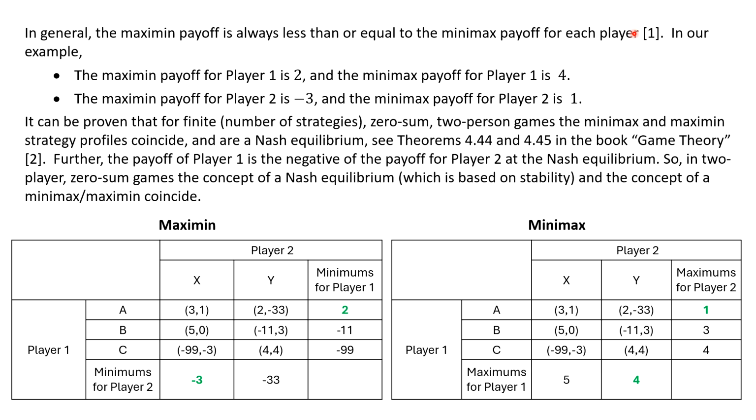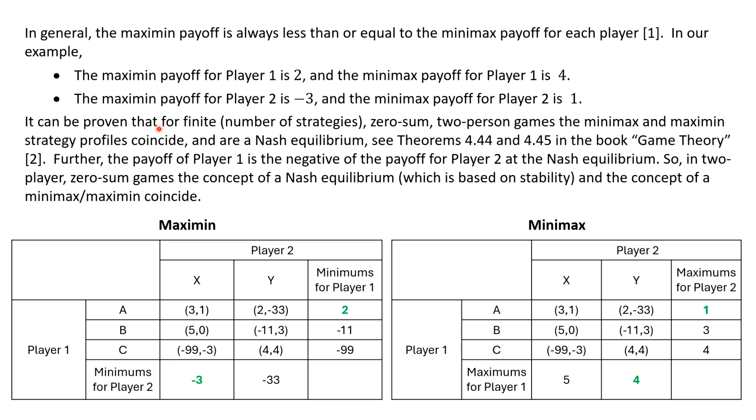So in our example, the maximin payoff for player 1 is 2, and the minimax payoff is 4, so it's less. And then the maximin payoff for player 2 is -3, and the minimax payoff for player 2 is 1. So in each case, the maximin is less than the minimax. And that's always true, less than or equal to.